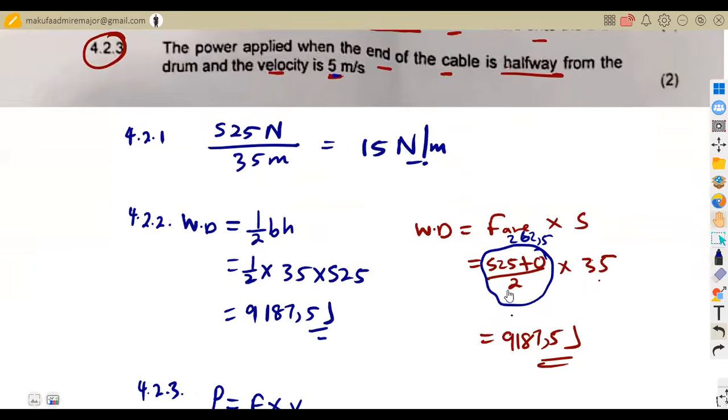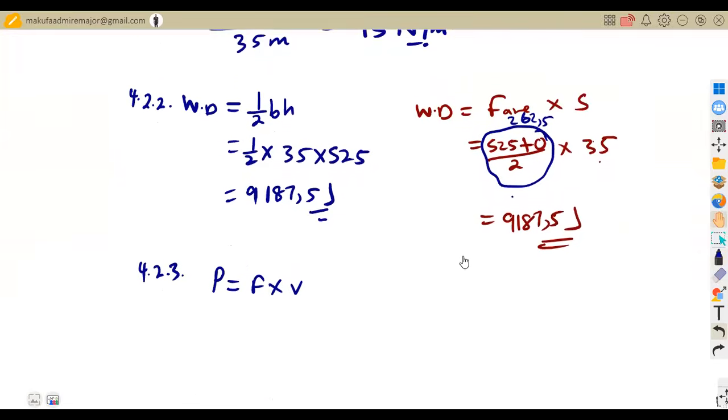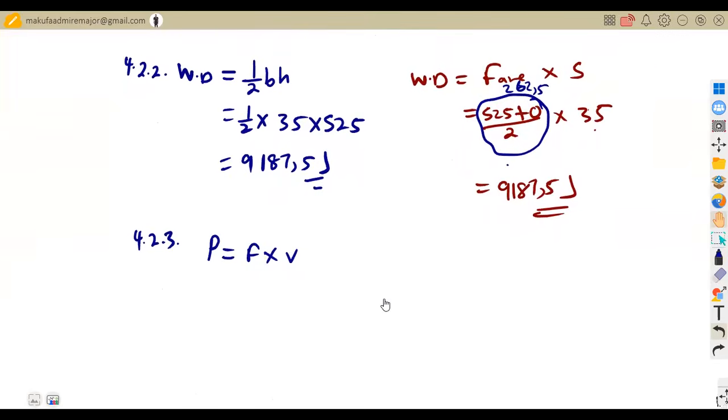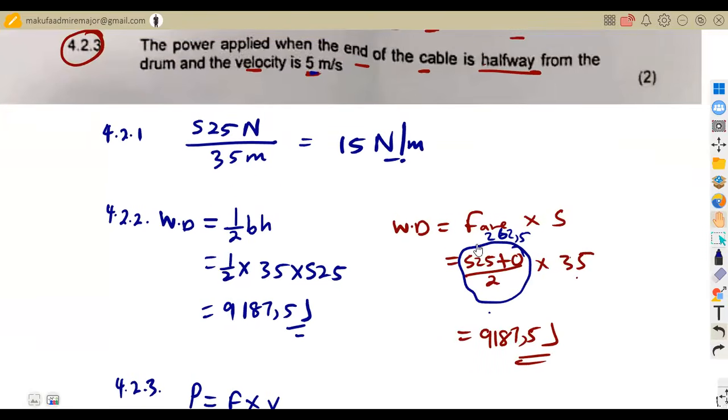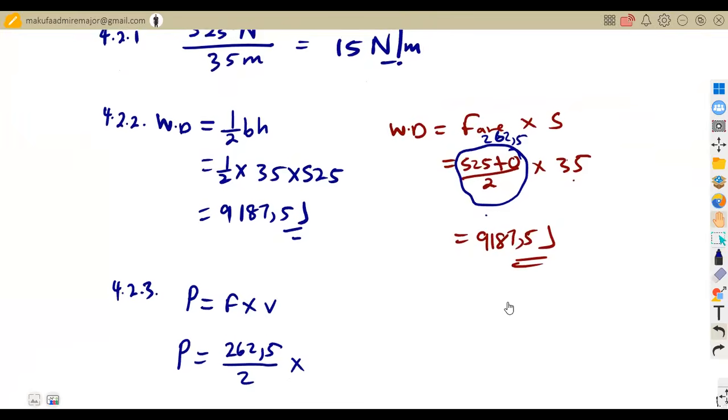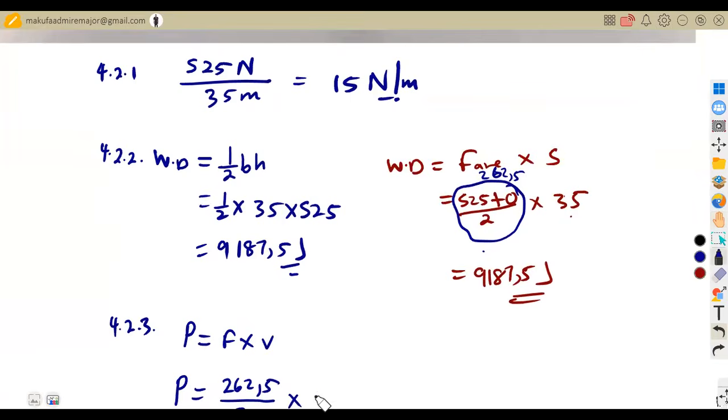All right. So meaning to say we are going to have our average force, which is going to be at the end power, which is 262.5 over 2 times the velocity of 5 in this case. All right, that's so. Let's check our velocity here. Our velocity of 5. All right, so we are going to multiply by our velocity being 5 in this case.